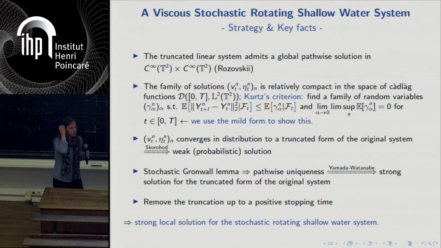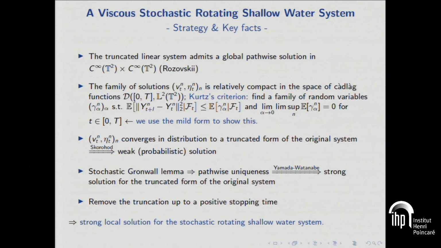But there is a Yamada-Watanabe theorem for the infinite dimensional setting, which says that if we have a weak probabilistic solution and pathwise uniqueness of the solution of the original stochastic rotating shallow water system, not just for the approximating sequence, then we do have a strong solution for the truncated form of the system.